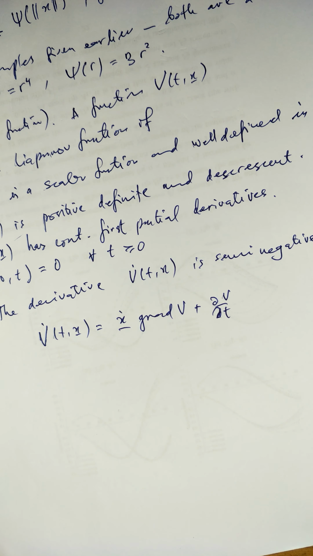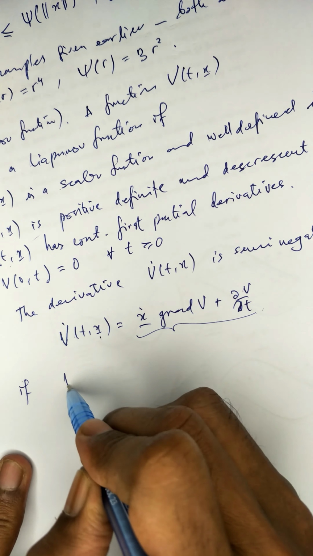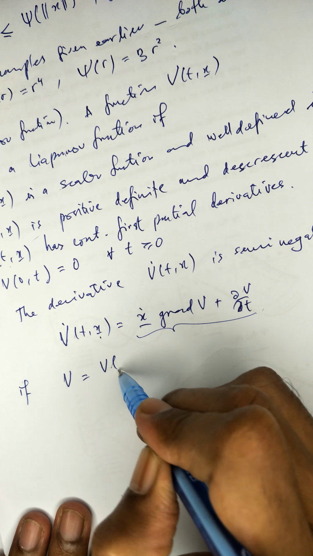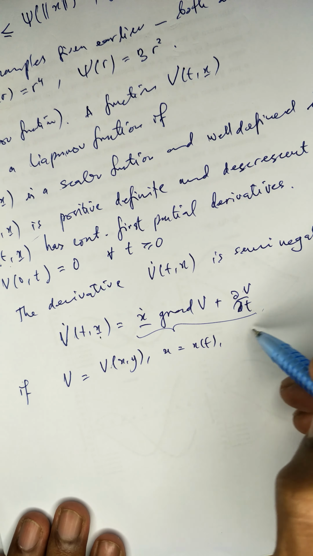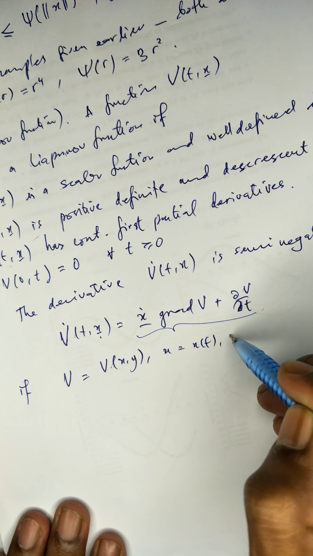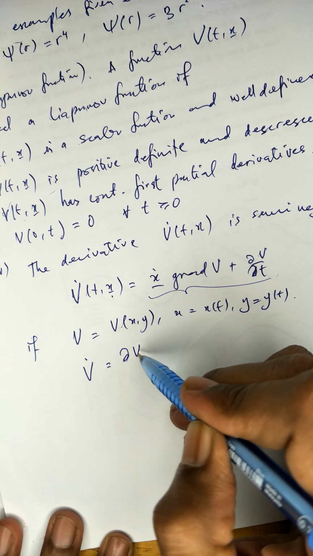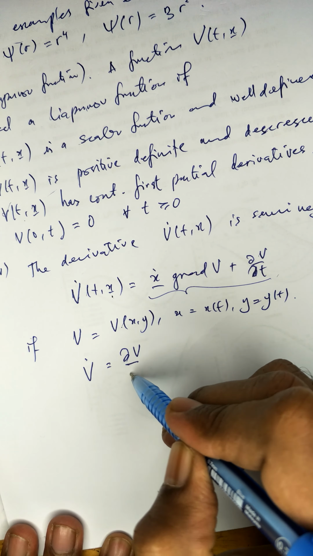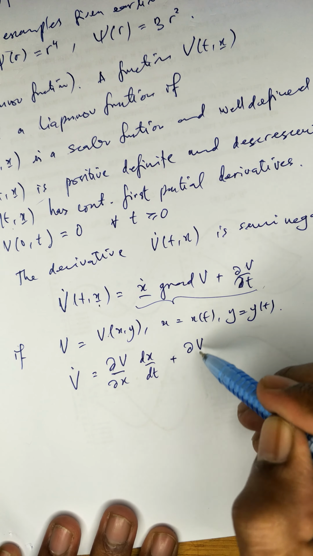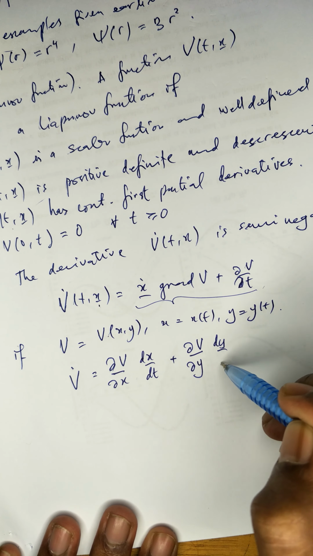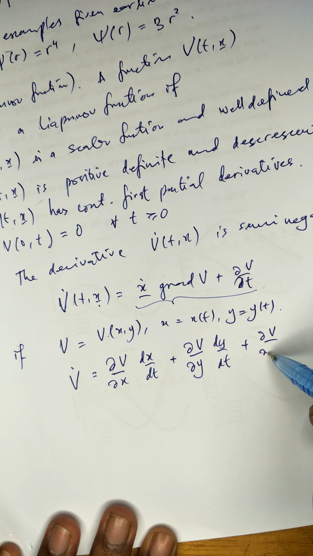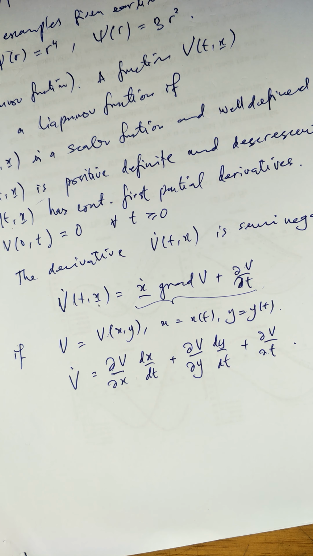So basically, if V is a function of x and y, and x is a function of t, y is a function of t, then our V dot is del V del x dx dt plus del V del y dy dt plus del V del t.